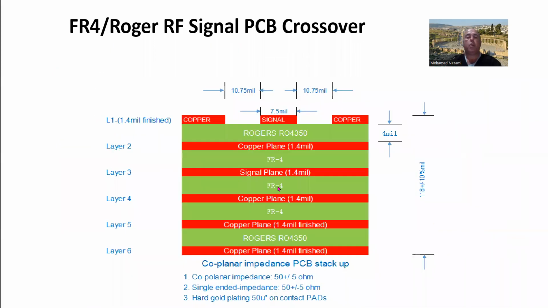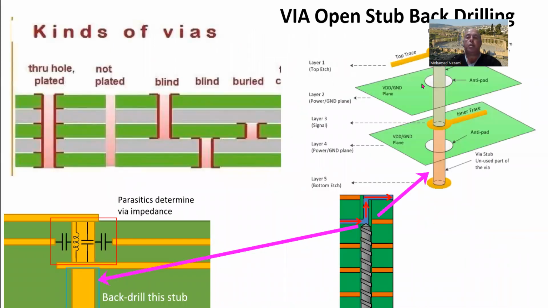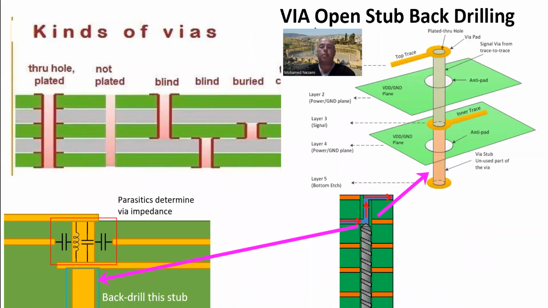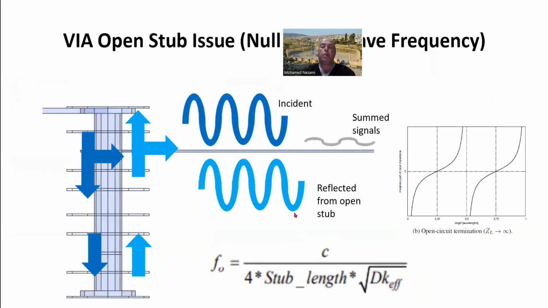The first thing that we did, we showed how back drilling works. If we don't do back drilling and we leave the unused part of the stub from the via transitioning from the top of the board down to the strip line layer, we end up with a frequency response that could be undesired.